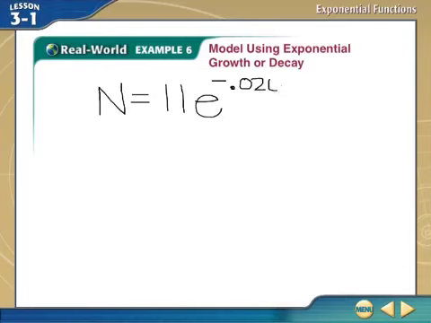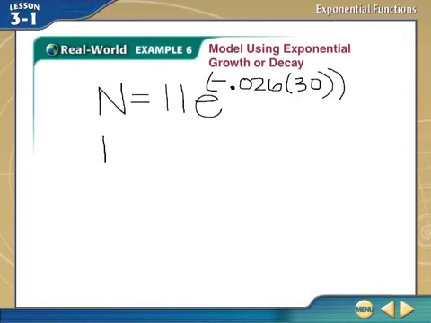So if we're going to calculate the population after 30 years using the same formula, I would say 11 million people, e, still negative 0.026 as our decay rate. And time is going to be 30 this time rather than 15. So when I calculate this on my calculator, I'm going to say 11 times e raised to the negative 0.026 times 30.